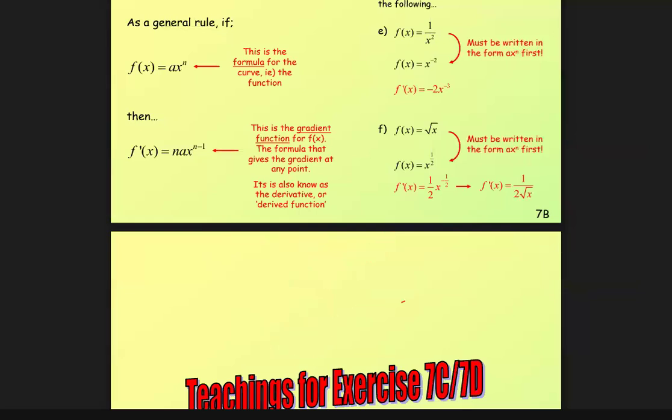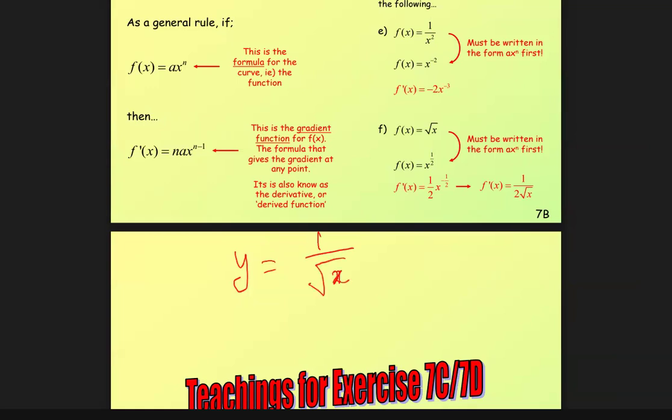So it could also be a fraction and a root. So if it's a fraction and a root, so y equals 1 over root x.